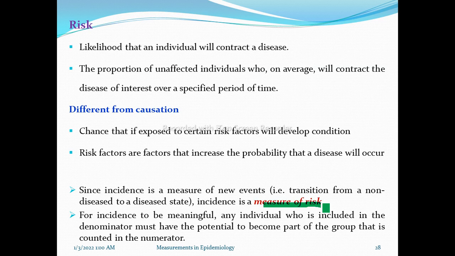If an at-risk individual becomes diseased, they will be counted in the numerator. That's why incidence should consider populations at risk: those in the denominator have a probability to be diseased in the future and become the numerator.